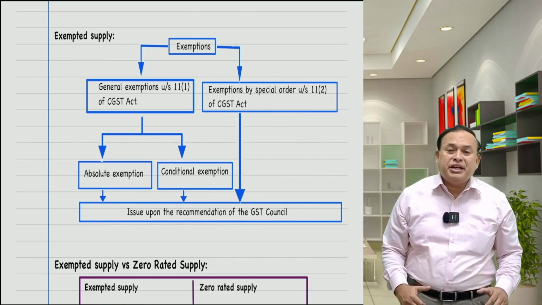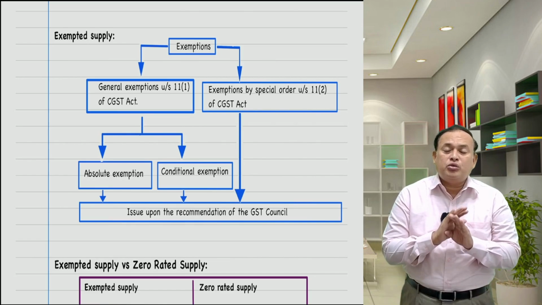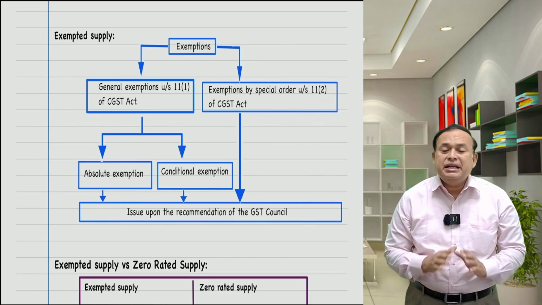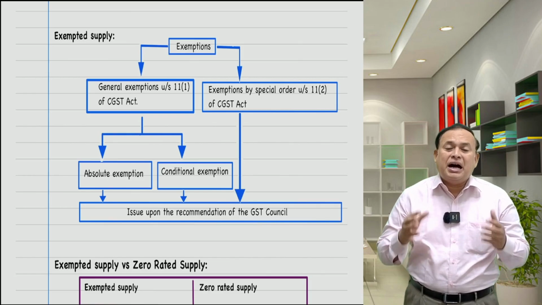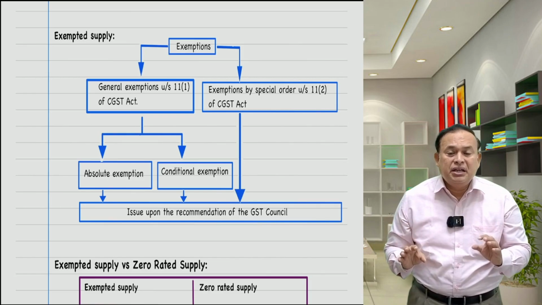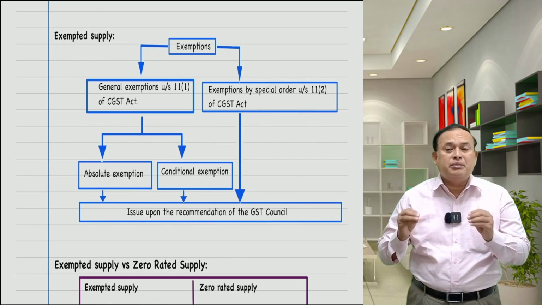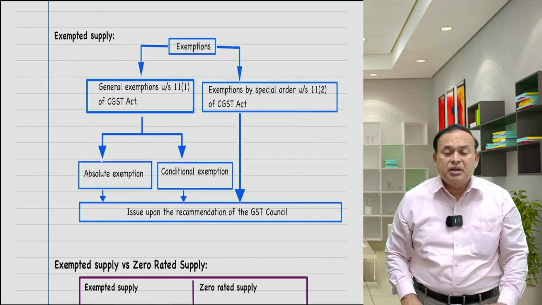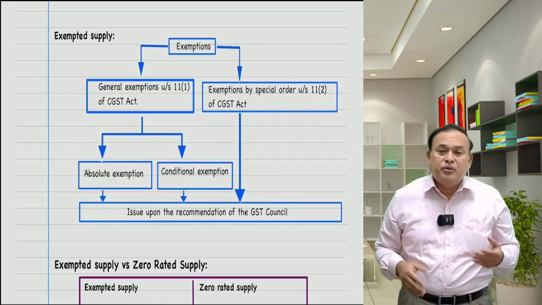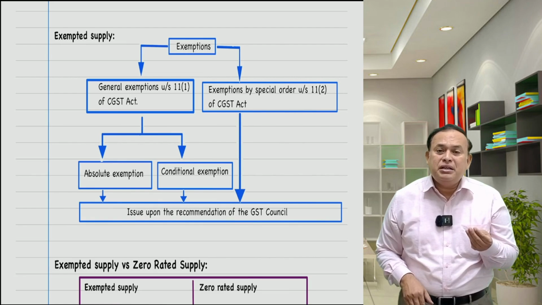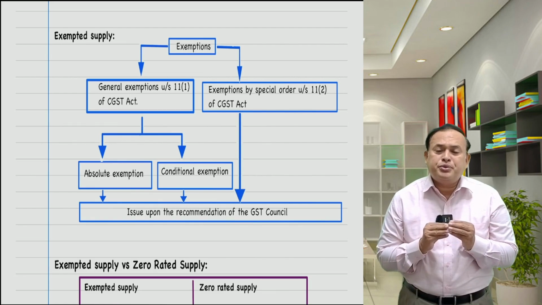What is imported is not OIDAR services, is not online money gaming services. Other than OIDAR services, other than online money gaming services. Good. If I imported, being an individual person, for consideration, my import of services is absolutely exempted.